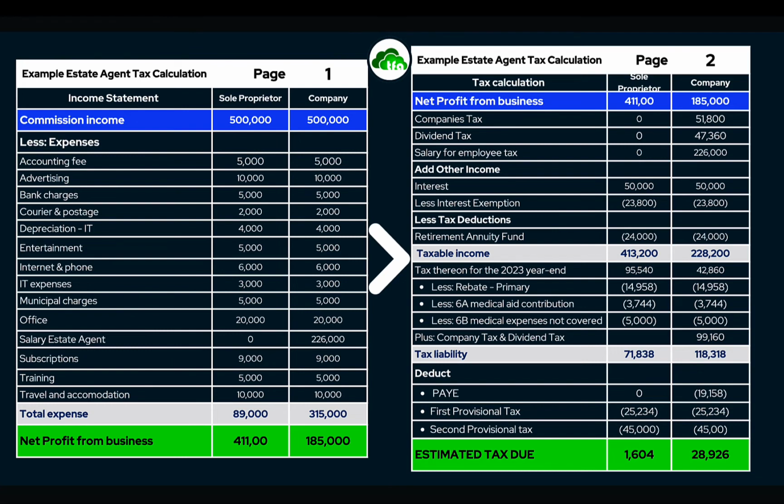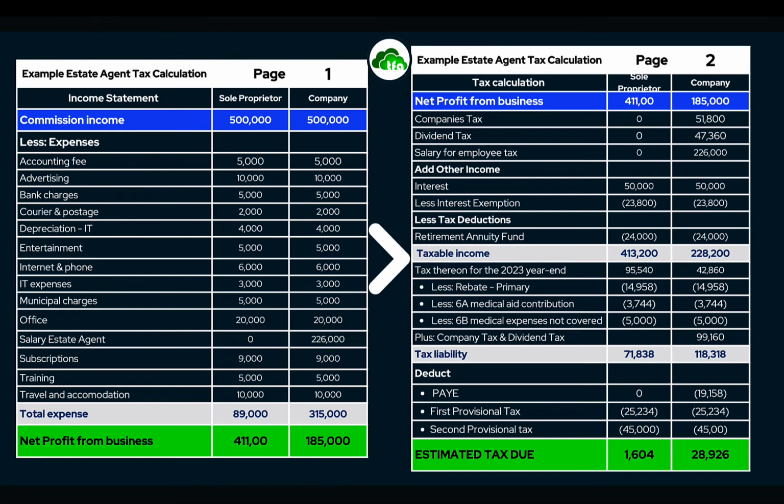We are also comparing the tax payable if an estate agent trades as a sole proprietor versus a company, assuming that only the estate agent is employed in the company. Both entities have exactly the same income and expenditure, except for the salary provided to the estate agent in the company, on which the agent will pay 18% tax.